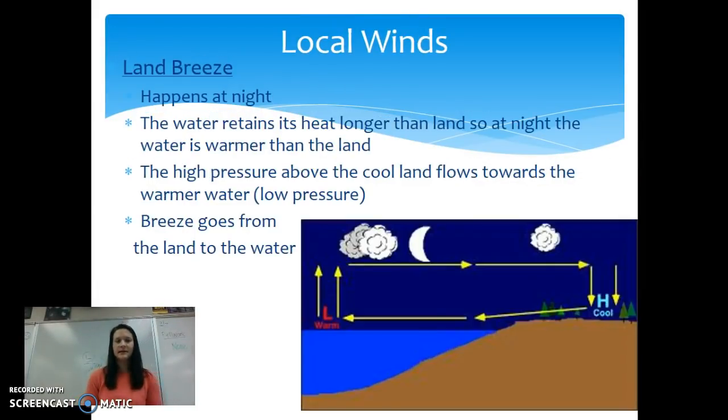Last, it's called a land breeze. Again, if you live or visit near a coastline, a land breeze happens at nighttime. What you should have seen in the lab is that the land, the sand that we were testing, heated up really fast, but as soon as you turned the light off, it cooled down really fast.